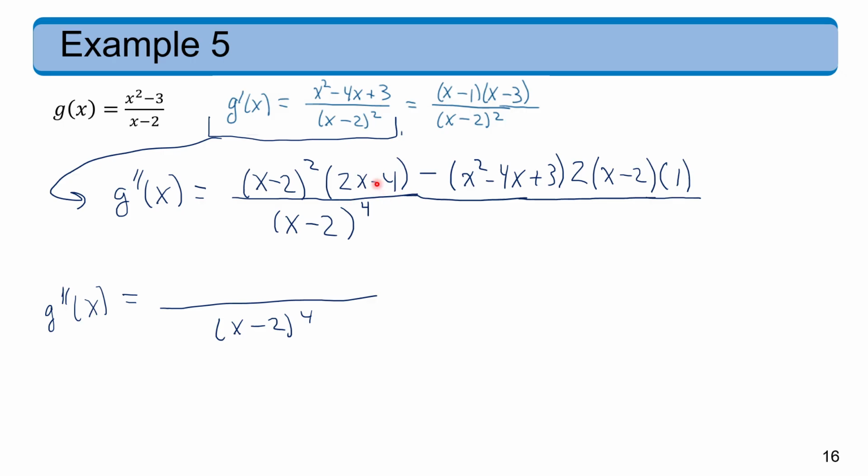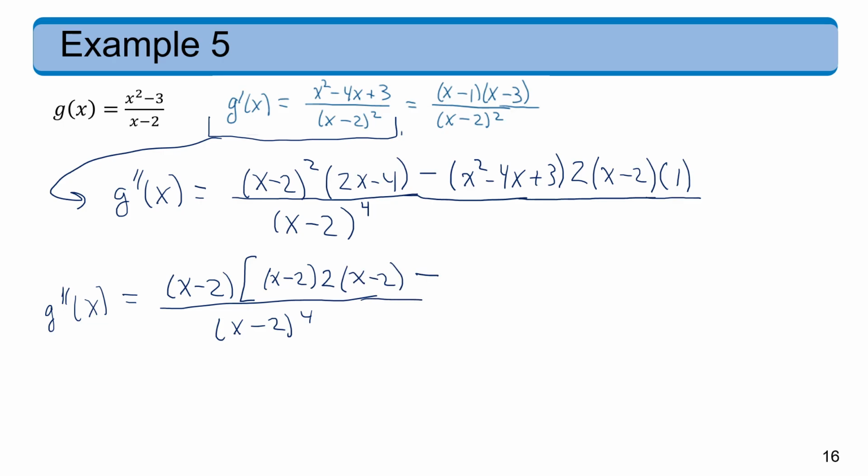So I think I'll start by factoring out x minus 2 from both terms in the numerator. From this term, we've pulled out one of these factors, so there's still another x minus 2 here, and then that's multiplied by 2x minus 4. I'm going to write that 2x minus 4 as, if I factor out a 2, 2 times another x minus 2.